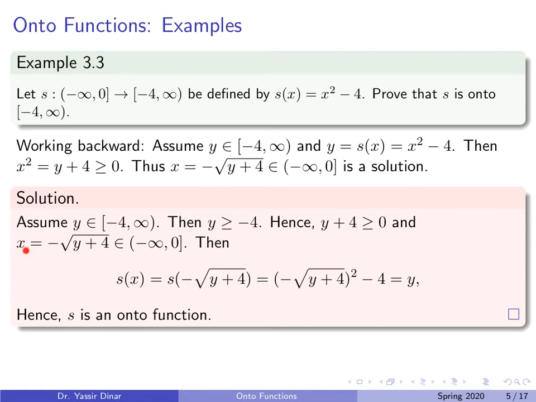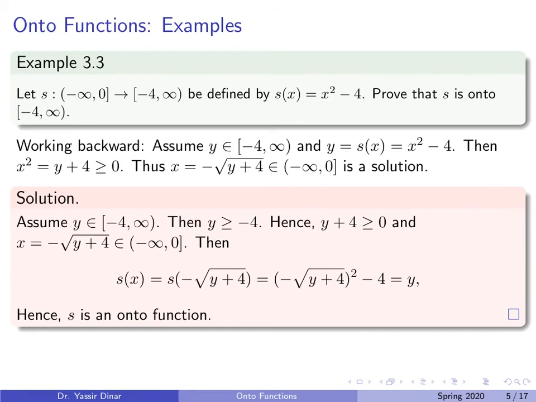And with this x, we have S of x is equal to S of minus the square root of y plus 4. Using the definition of S, it takes the square of this argument, minus 4, and the result will be y. And hence, S is an onto function.